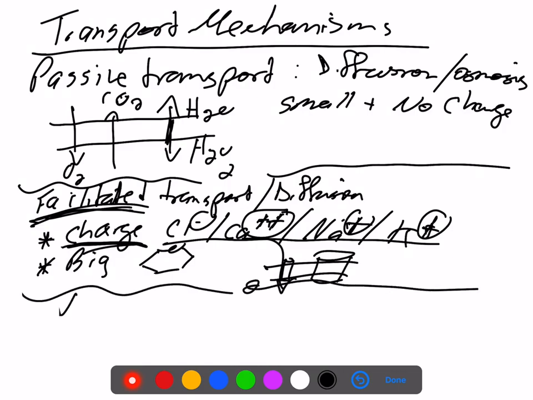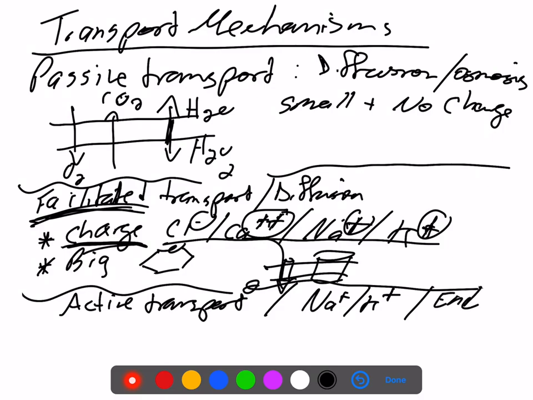All right, and finally, we covered active transport. And active transport includes the sodium potassium pump that we watched in the video, and it also includes endocytosis and exocytosis that we saw in some diagrams.